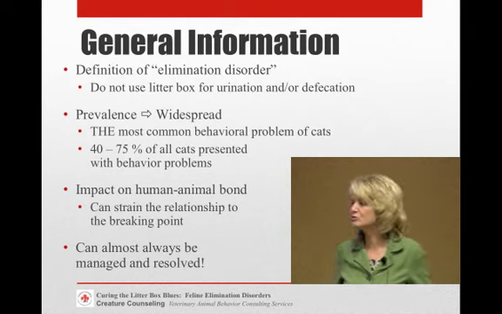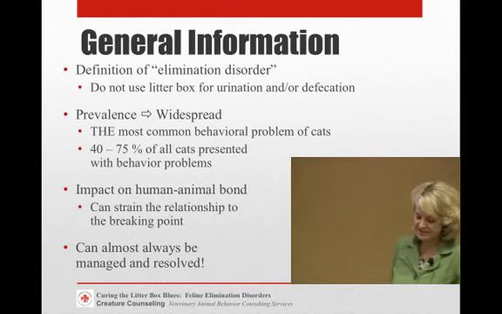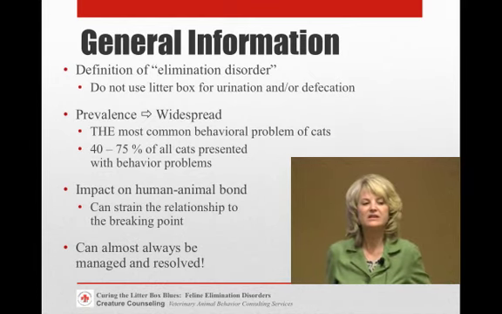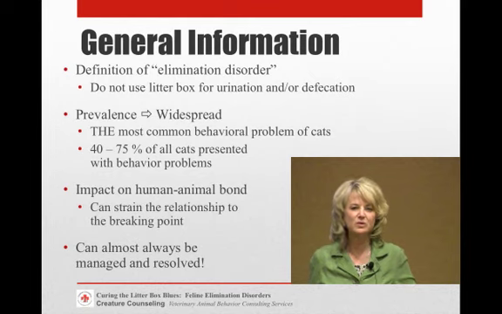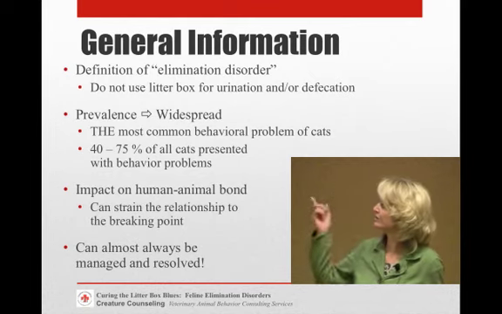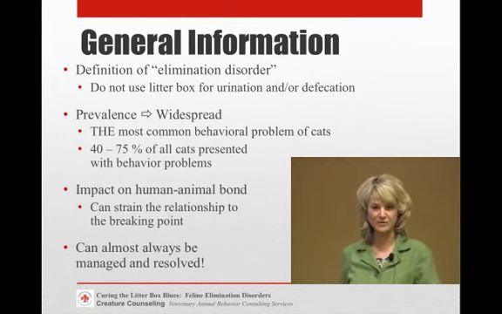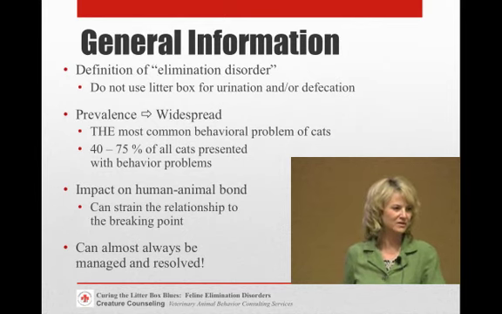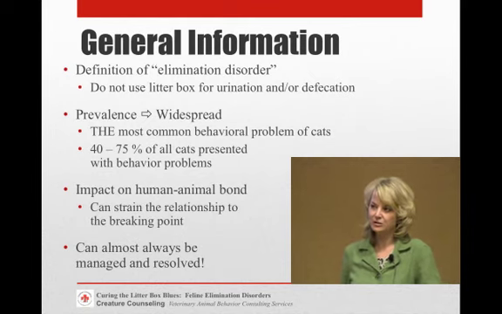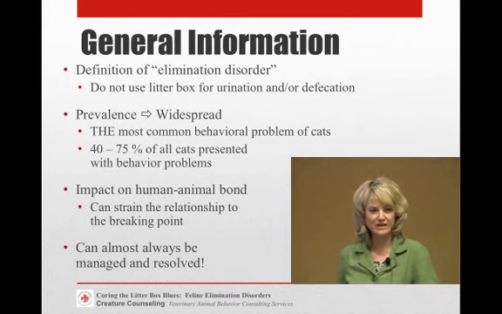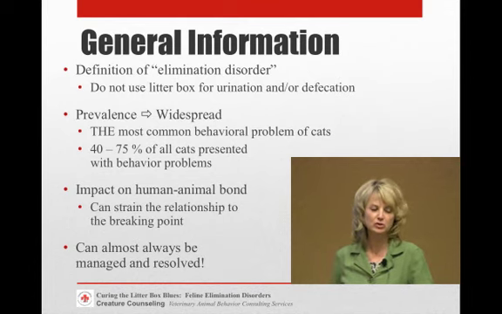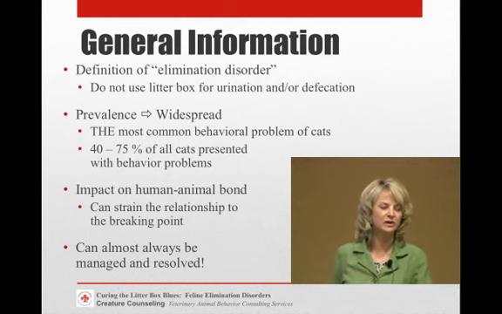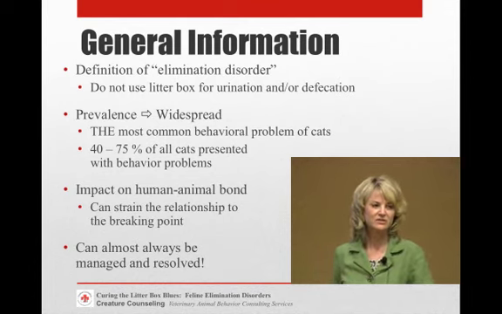It's a huge thing. There was a study done at the University of Pennsylvania that pointed out that between 40 to 75% of the cats presented with behavior problems at their clinic had this issue. And I think that's very reasonable. I would say in my practice, probably a good 75% of the cases that I see have to do with inappropriate urination, but sometimes defecation too.